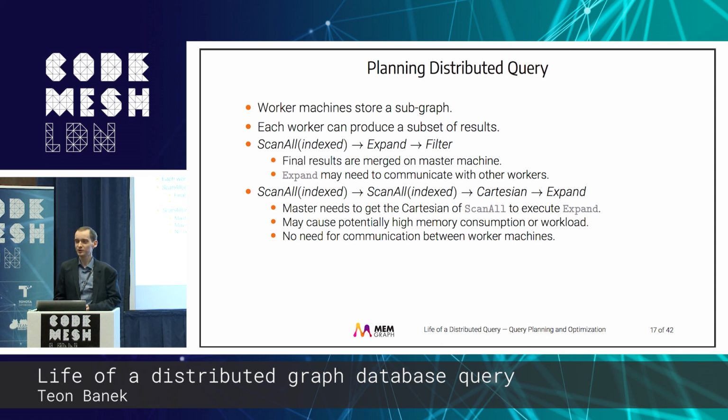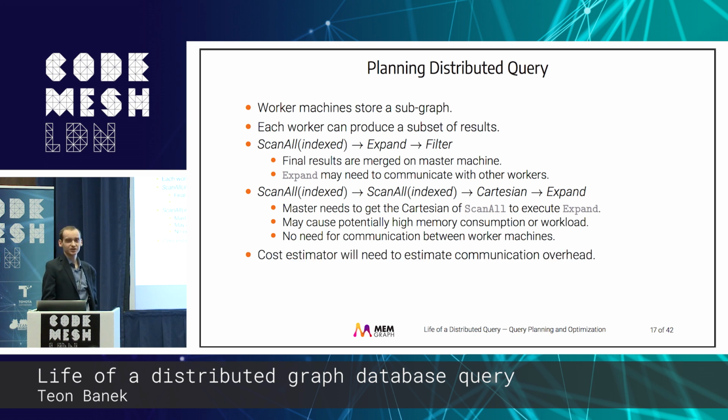So workers will be completely standalone and will not have to communicate among themselves. They will just produce the results back to master. On the other hand, depending on how Cartesian is implemented, the master may need to accumulate the results of one side of a Cartesian pair. And this can increase the memory consumption, especially if we are using a distributed system to store a large graph, which doesn't fit on one machine. So that's the trade-off.